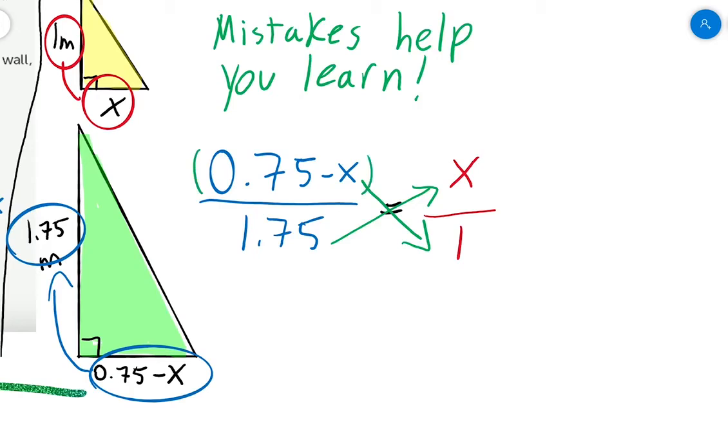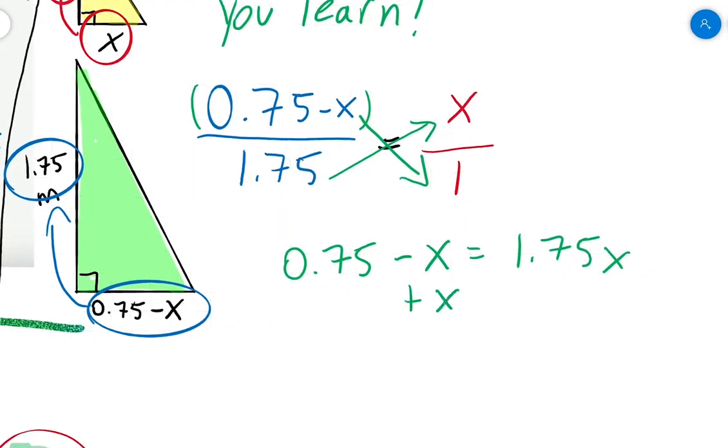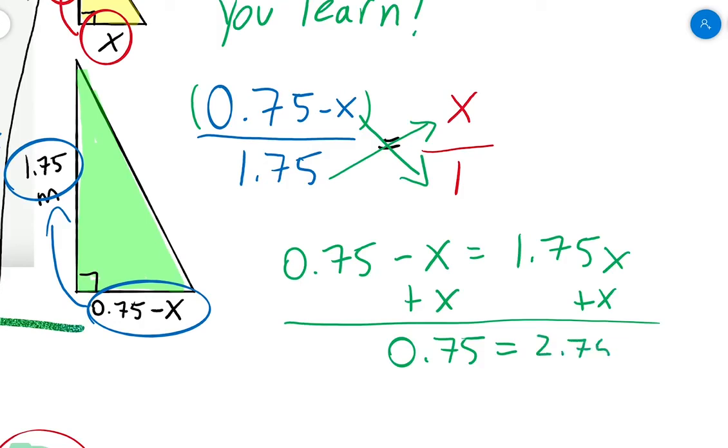0.75 minus x times 1 is still 0.75 minus x, and that should equal 1.75x. Okay, now we're doing all right. We're going to add x to both sides. Now remember, that is 1x that we're adding. So we get 0.75 equals, let's see, 1.75x plus 1x would be 2.75x.